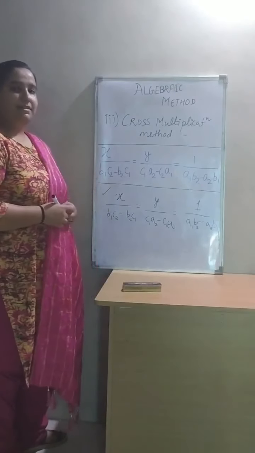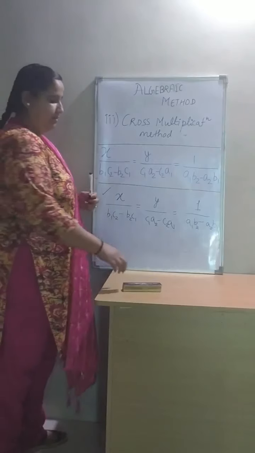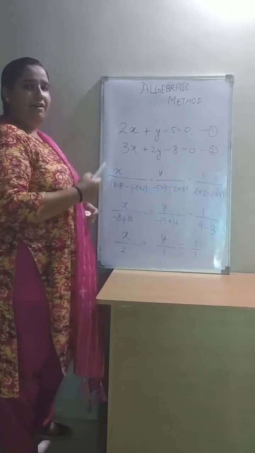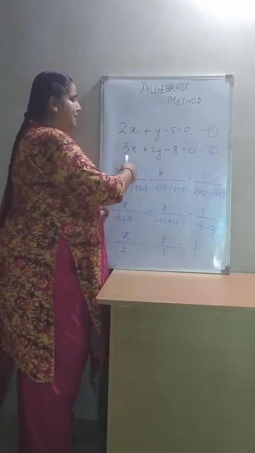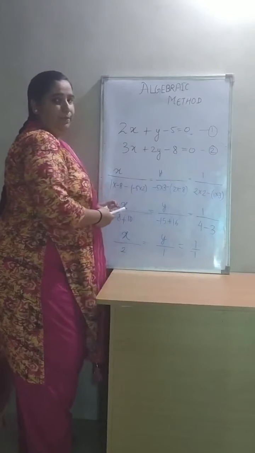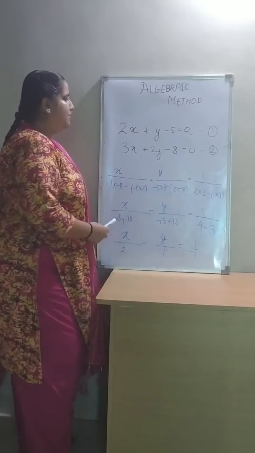Now let us understand this method with an example. Suppose we have a pair of equations as 2x plus y minus 5 is equal to 0 and 3x plus 2y minus 8 is equal to 0. How can you solve this particular problem?